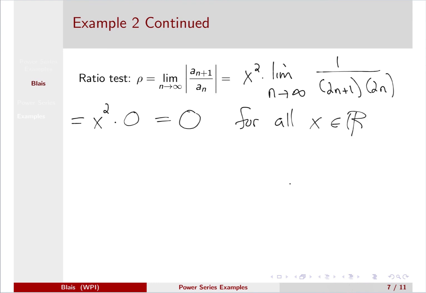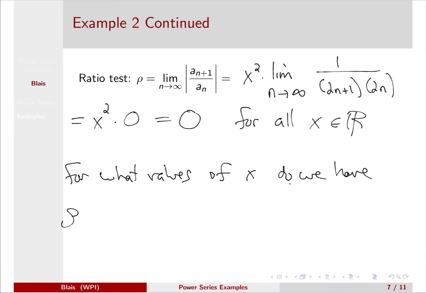And recall the point of the ratio test is to find for what values of x we have rho less than 1. Well, we see here rho is 0, no matter what x is. So rho equals 0, which certainly is less than 1 for all x in the reals.